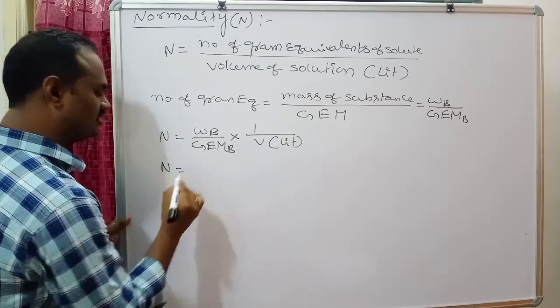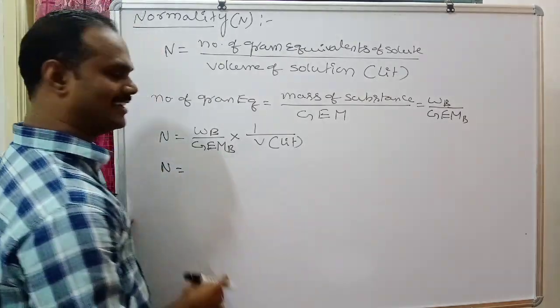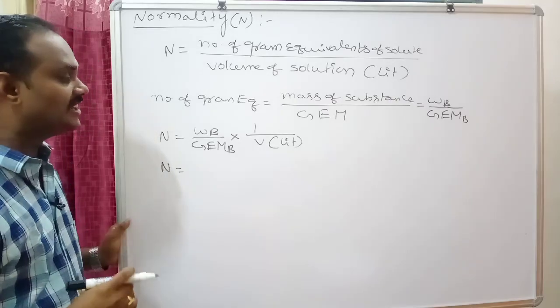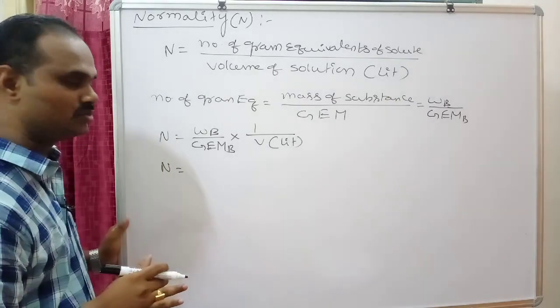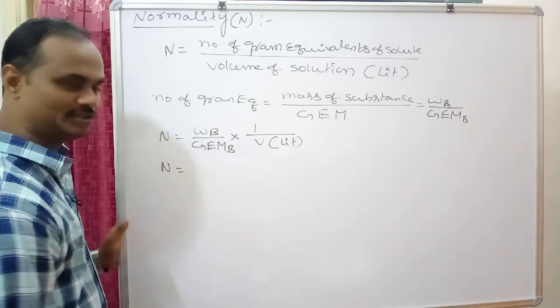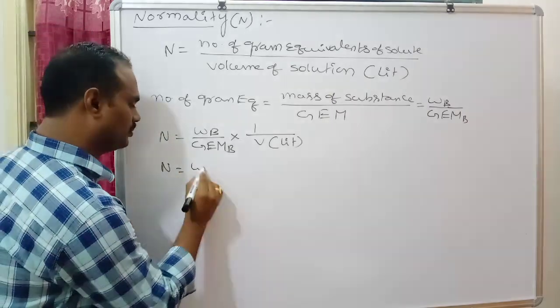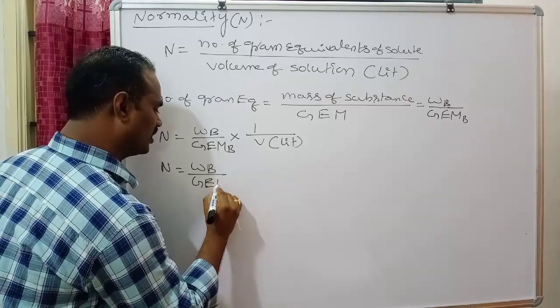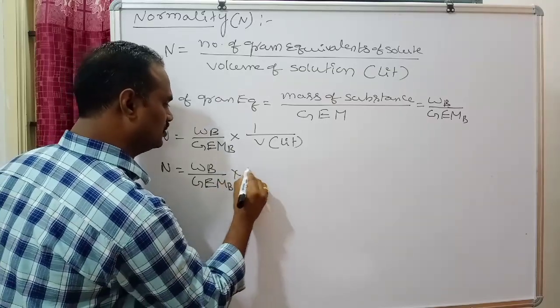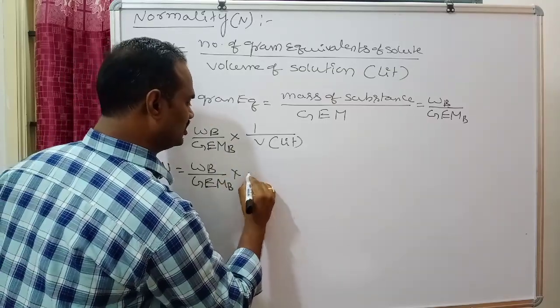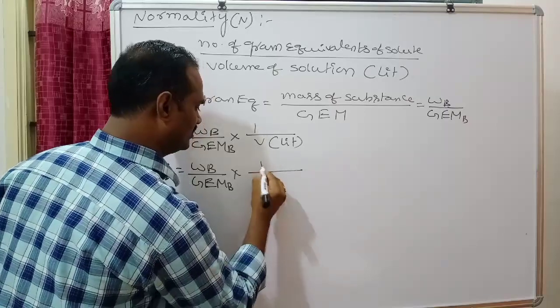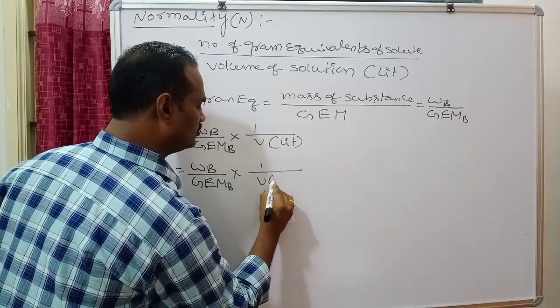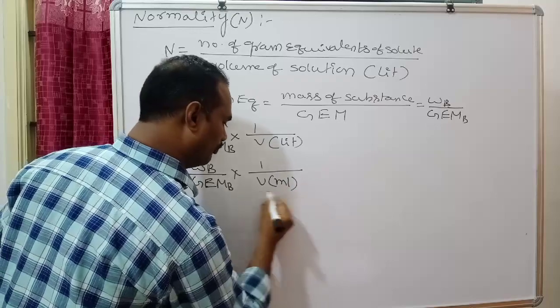Suppose the volume is given in milliliters; you know already, if milliliter is given, it is divided by 1000. What will happen? It turns into liters. So mass of solute by gram equivalent mass of solute into 1 by volume in milliliter by 1000.